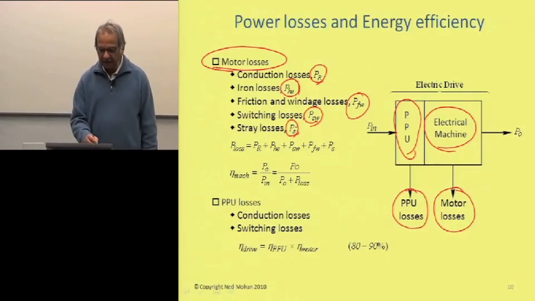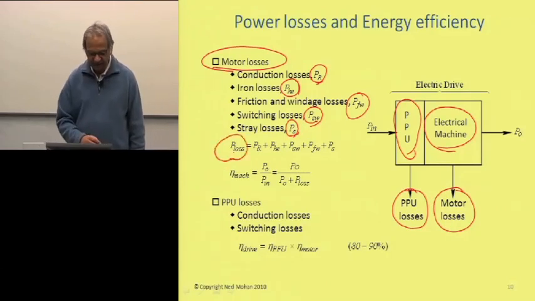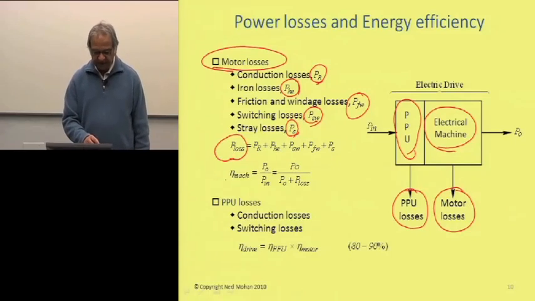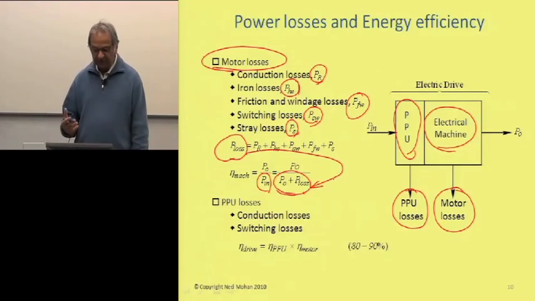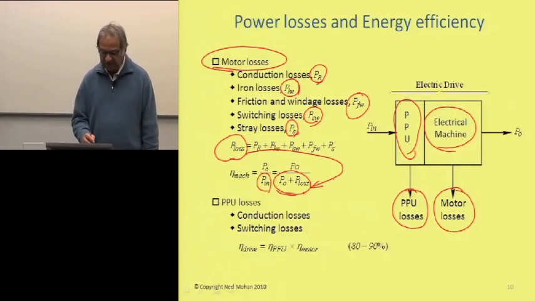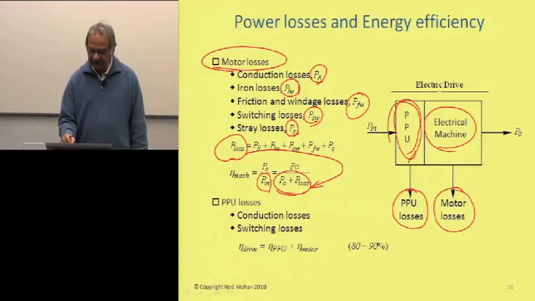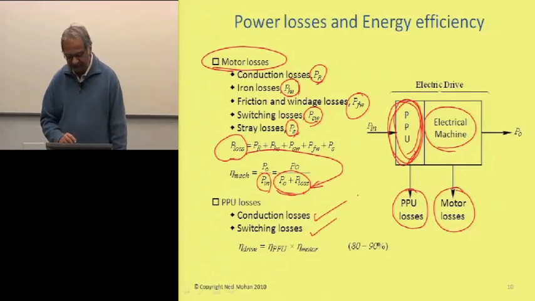So if we add them all, then we have the loss in the mechanical system. And so the efficiency of the machine, we can say, is output power divided by the input power, and this input power is the output power plus this P loss over here. So that is the efficiency of the motor by itself, but in addition, in this power processing unit consisting of transistors and diodes, we have conduction losses and switching losses in these switches.